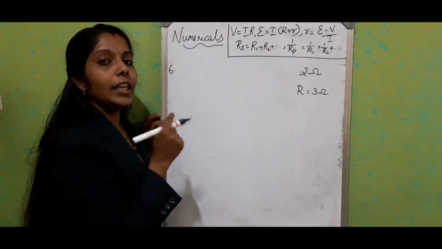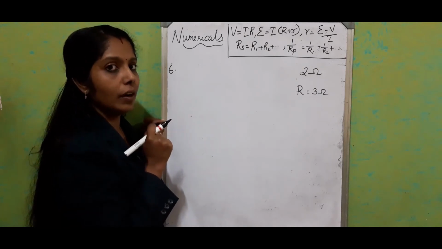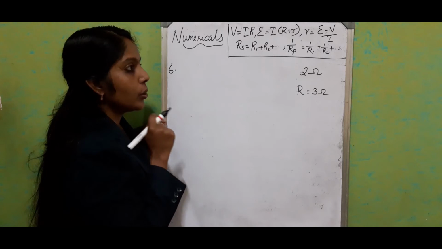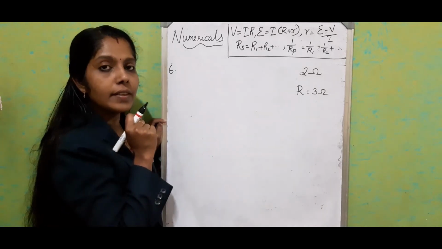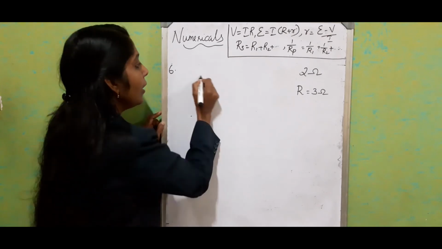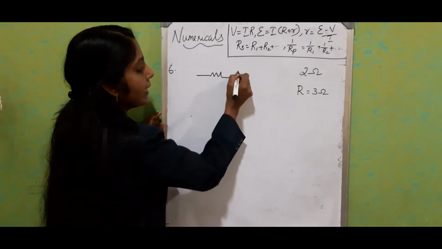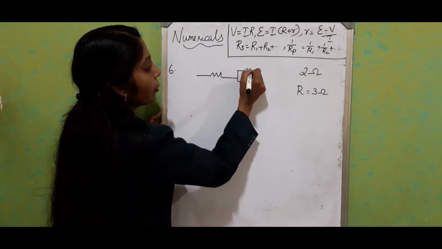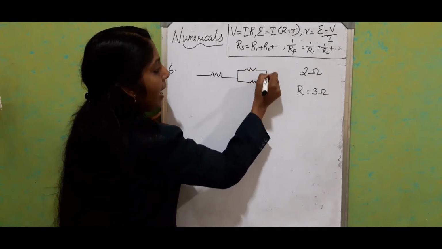So we can use a combination of resistors, series and parallel. Only 3 resistors are available, so one should be in series and the other 2 in parallel.